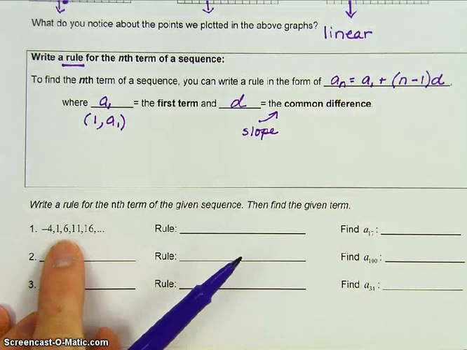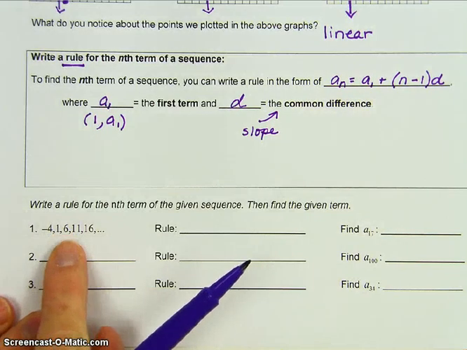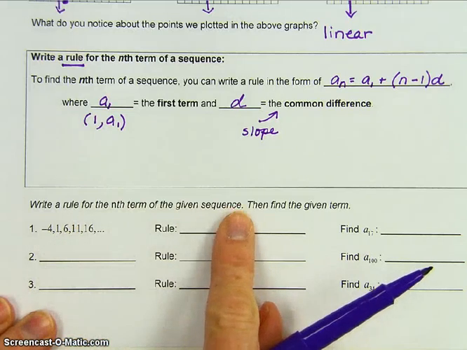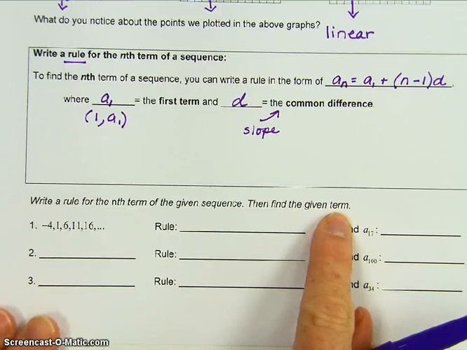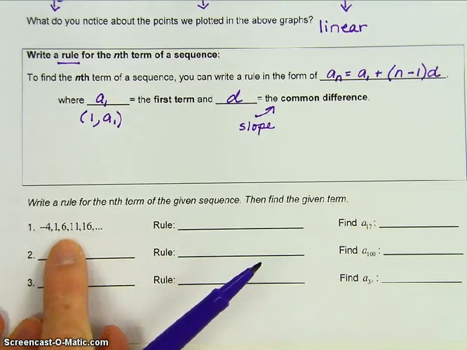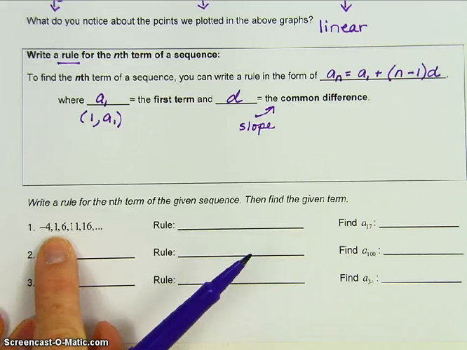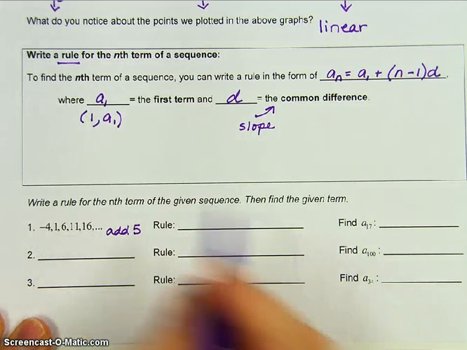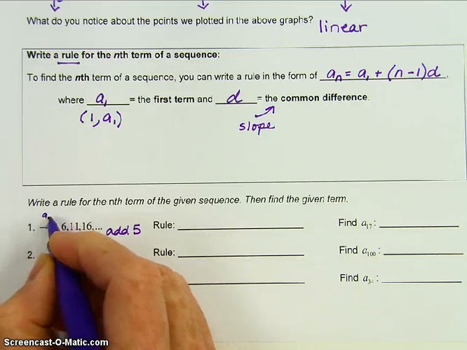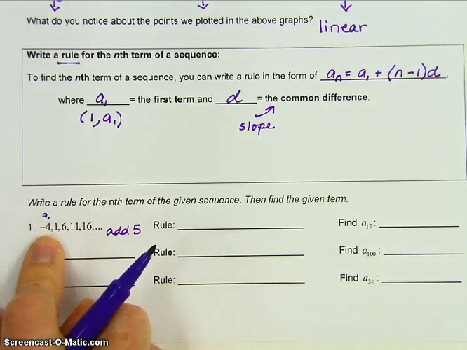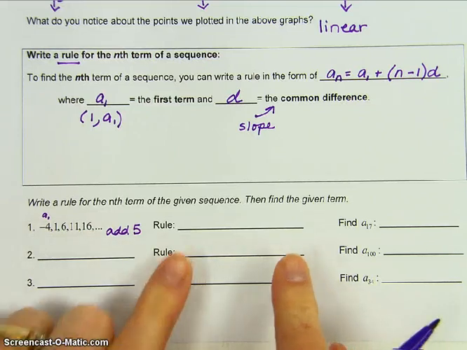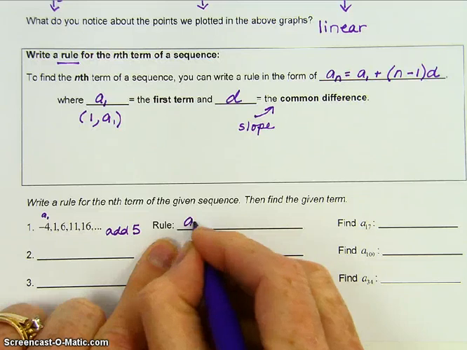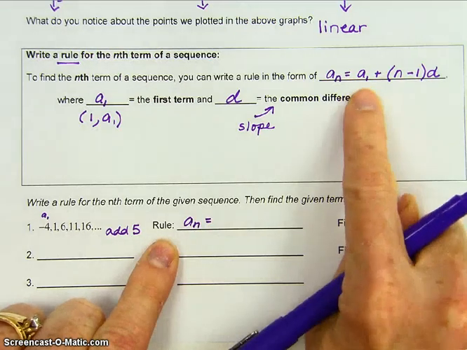So for number 1, we have the sequence. It says to write the rule and then give the final given term. So here, I notice that it's the same thing, and we've already figured out that the pattern is add 5. Now remember, this is a sub 1 because it's the first one. So if I plug into my formula a sub n, I say a sub n equals a sub 1.